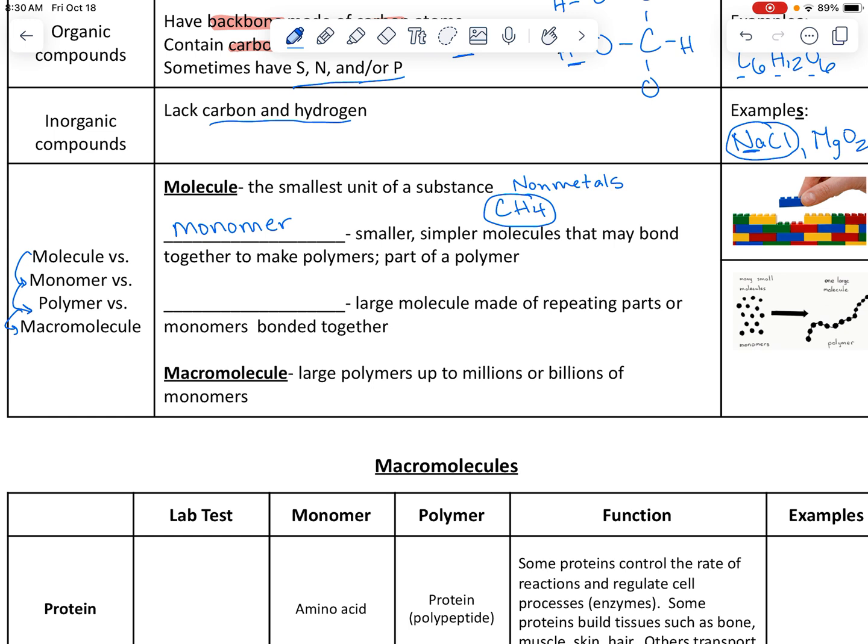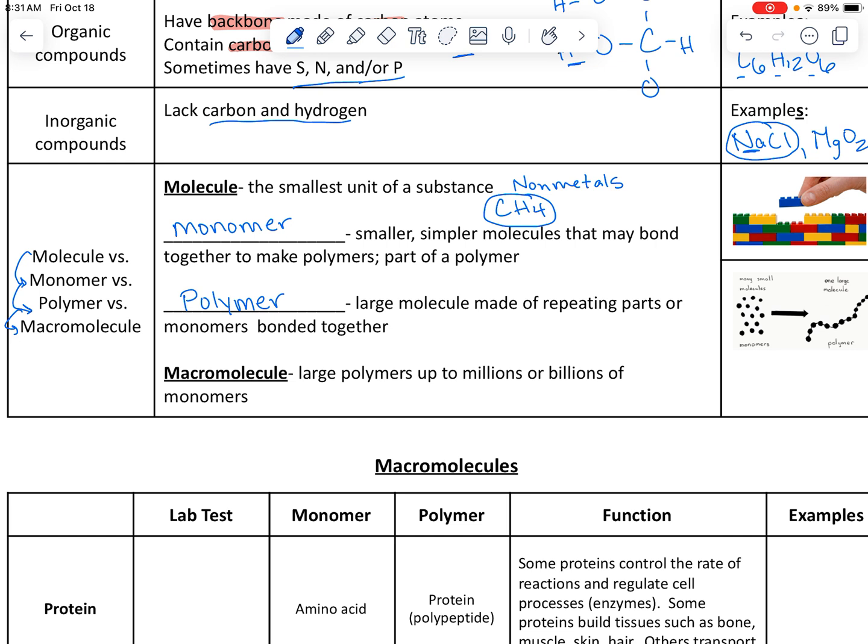So you notice it says smaller, simpler molecules that may bond together to make polymers. So they're kind of more complex than molecules, but they're less complex than the next step, which is a polymer. So as we start putting these monomers together, we build a polymer. And I'll show you all of these things here in a minute. This is just really kind of just the understanding phase.